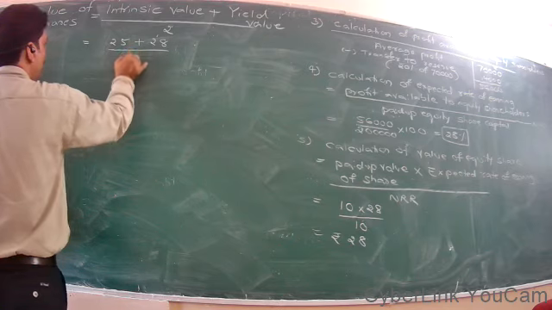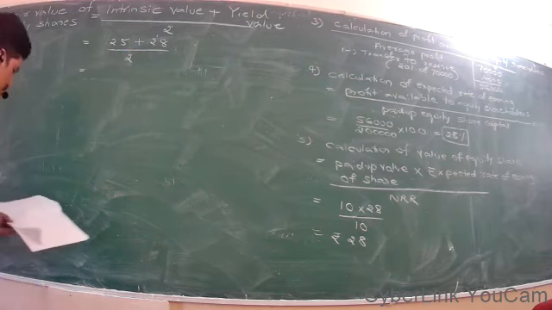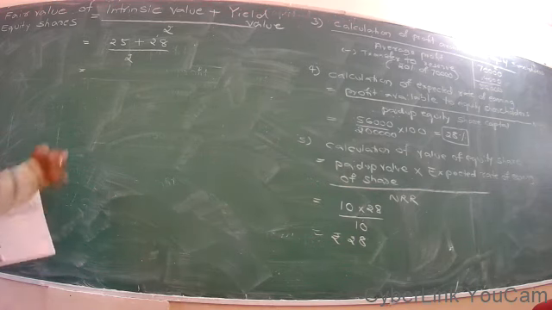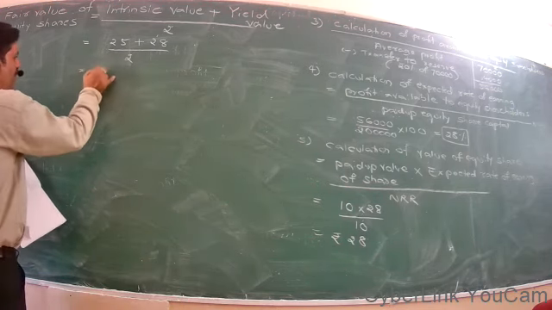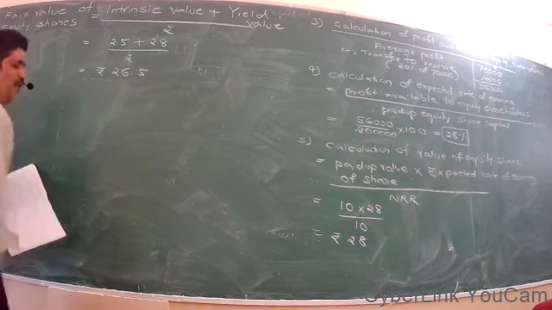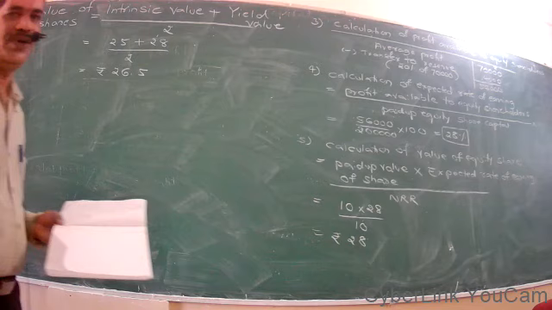So 25 plus 28 divided by 2. Finally, the value of the share becomes 26.5.